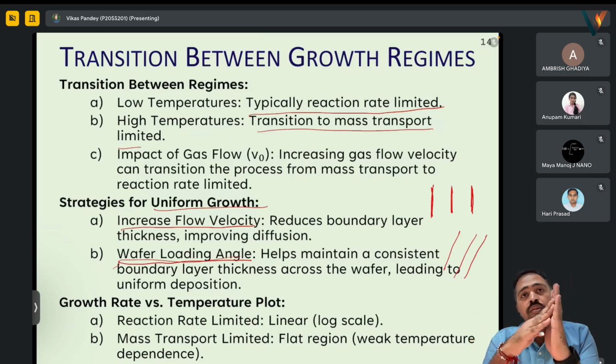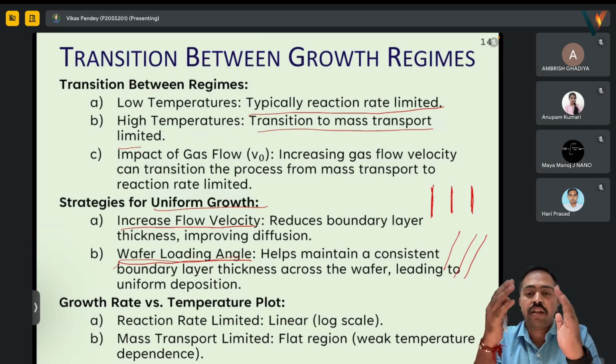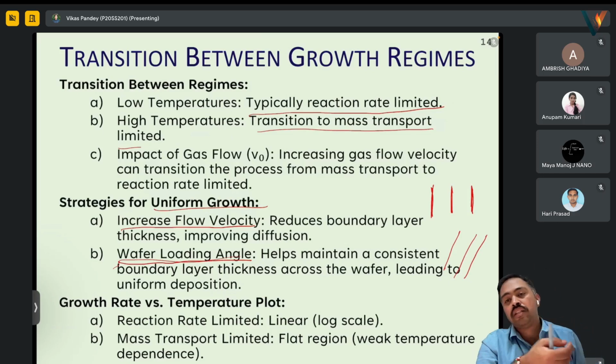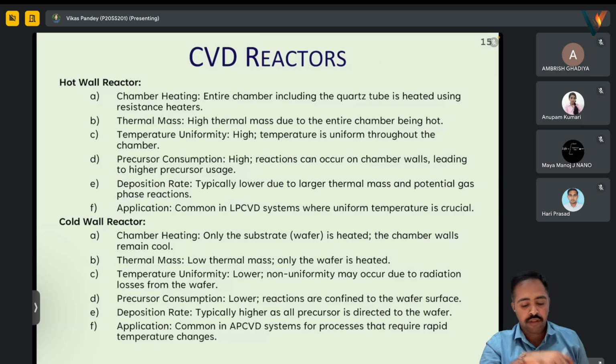And it is not that at all angles we will get the same thing. At one particular angle we will get one growth rate. That means by changing the angle at which we keep these wafers, that will determine the growth, how uniform it is, as well as what thickness we are getting.